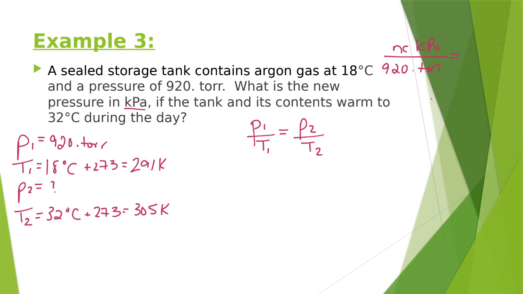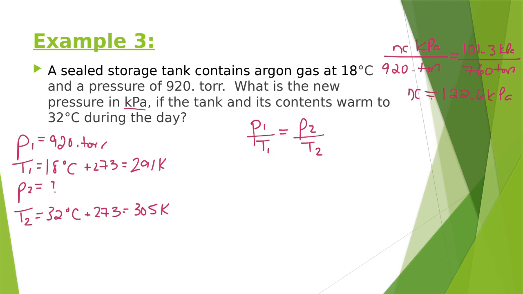I'm going to equate that to the equivalencies that we learned in the previous lesson, where 101.3 kPa is equal to 760 torr. So again, you either do it now or you do it later. It doesn't matter. When I cross multiply and rearrange, I get a value of 122.6 kPa. And that's what I will use now in my calculation.